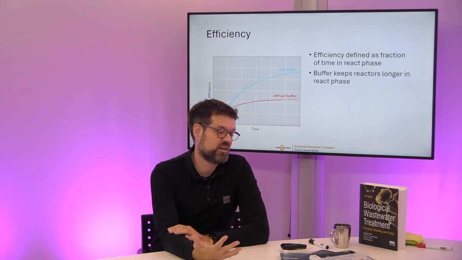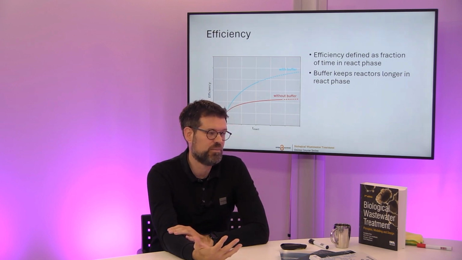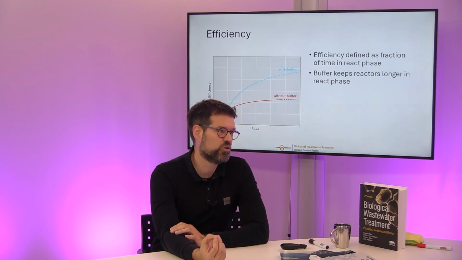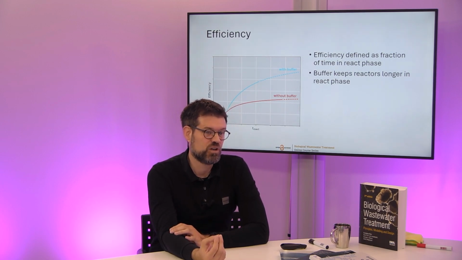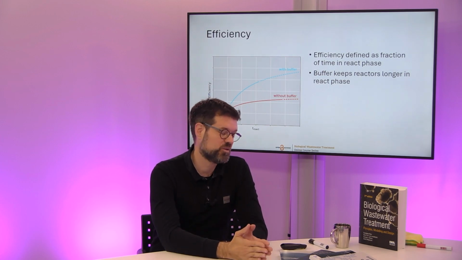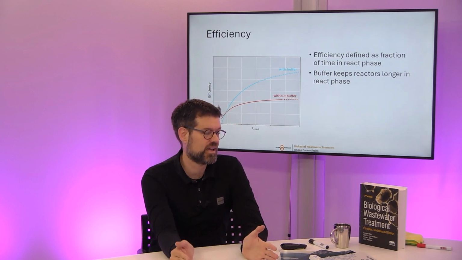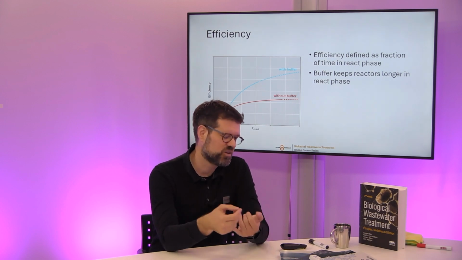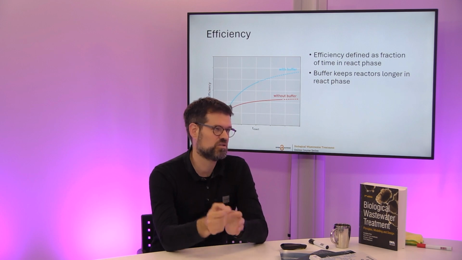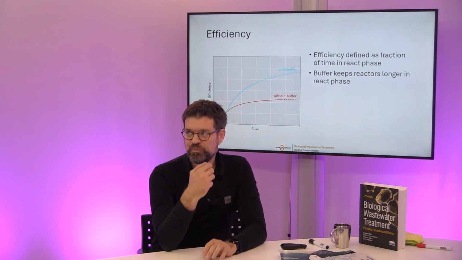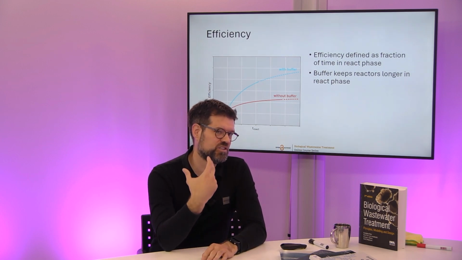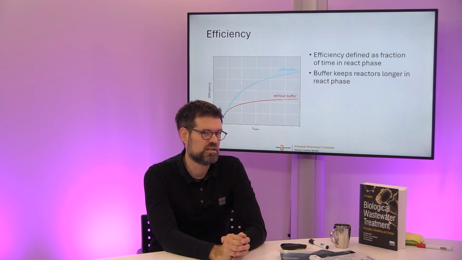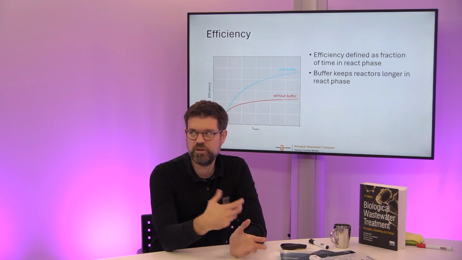And a buffer is basically a buffer. You have a pump and maybe a mixer, but that's it. So a buffer is much cheaper volume than a reactor. So you want to have that reactor as efficient as possible and most of the time in the reaction phase, because then most of the time you're using the instruments, the diffusers, that sort of stuff. So you gain a lot of efficient volume if you use a buffer compared to a situation without a buffer. So that's the biggest gain.